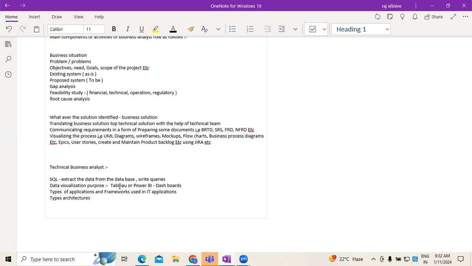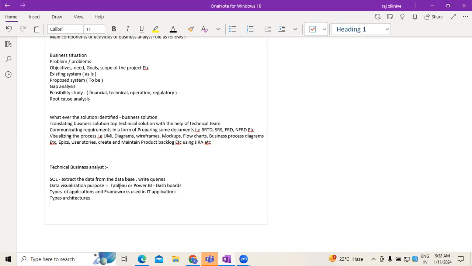I'm not saying that you need to do a solution architecture on that, but when we are interacting with stakeholders like technical people, the jargon and terminology is something we have to be good with. So types of architectures are required. This is another element we have to be good with.